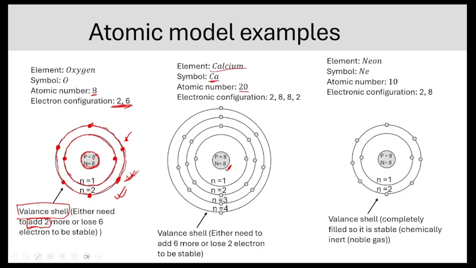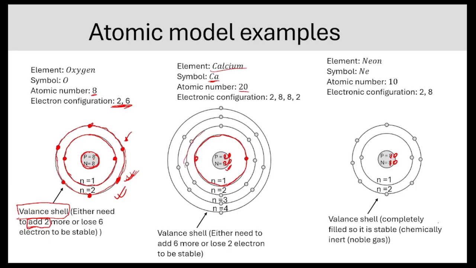The atomic number is 20, and we will start with the first circle for the first energy level, which can have a maximum of 2 electrons, and now we still have 18 electrons left.